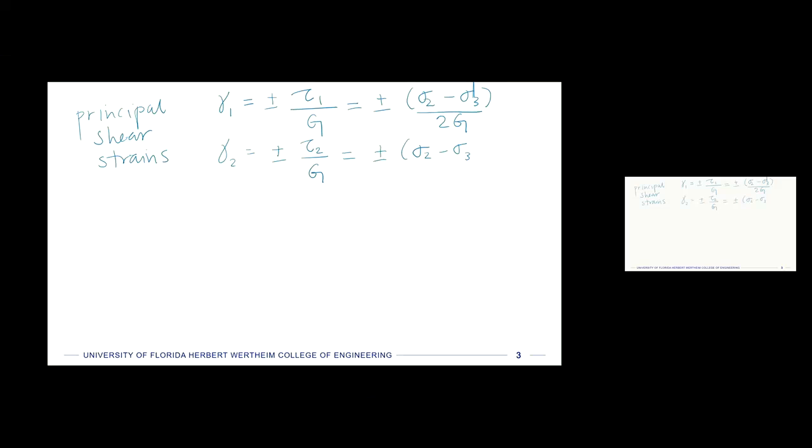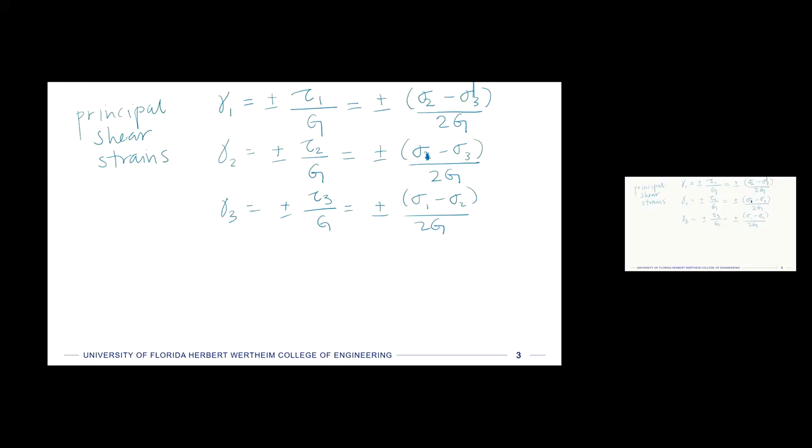Gamma 2, tau 2, sigma 1 minus sigma 3. These are just the book conventions for naming. Gamma 3, tau 3, sigma 1 minus sigma 2, divided by 2G.